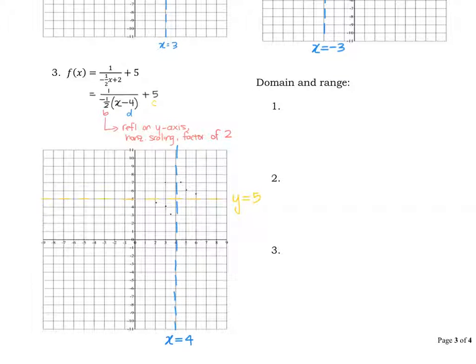Then my next point that used to be at 1, 1 is now going to be at negative 2, 1, right over here. And then my last point that used to be at 2.5 up is now going to be at negative 4.5 up right there.